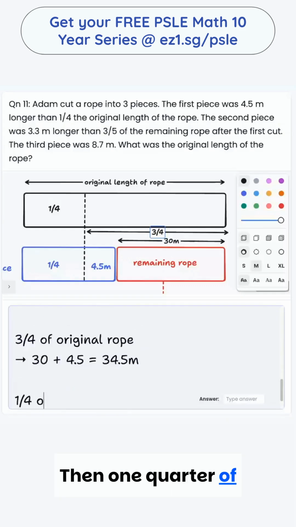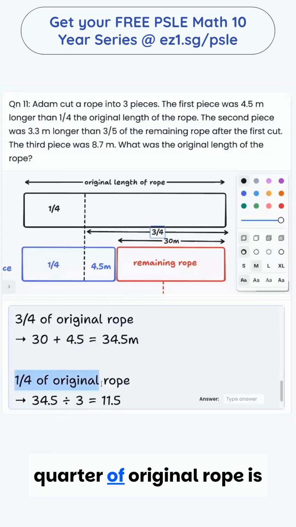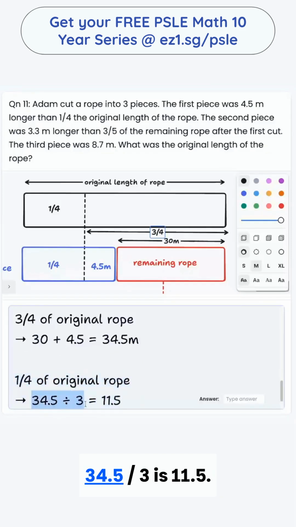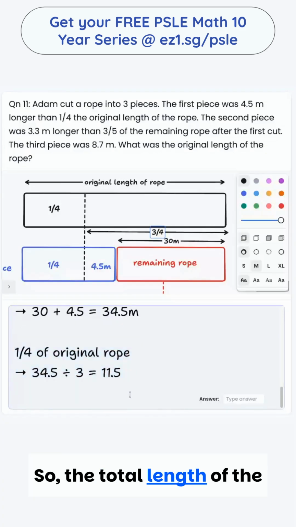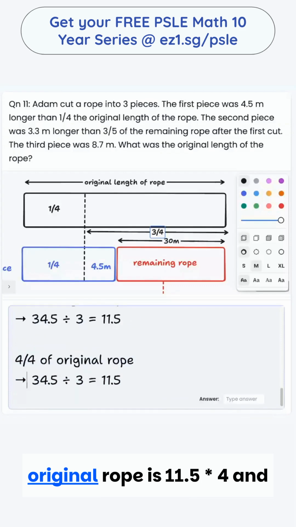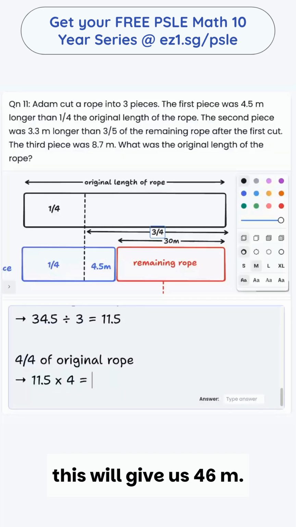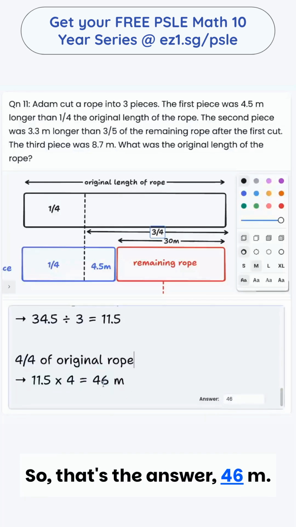Then 1/4 of the original rope is 34.5 divided by 3, which is 11.5. So the total length of the original rope, 4 of the original rope, is 11.5 times 4, and this will give us 46 meters. Okay, there you go. So that's the answer, 46 meters.